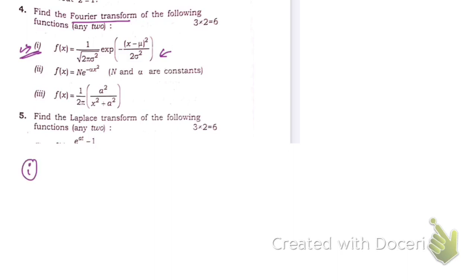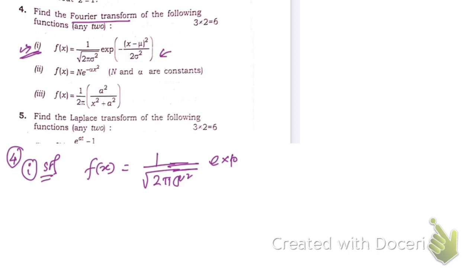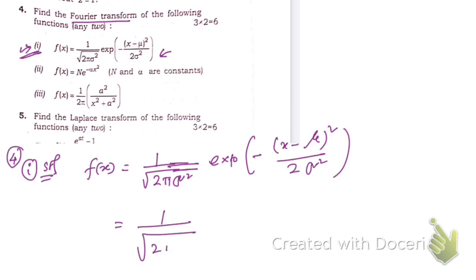The given function f of x is 1 by root over 2 pi sigma square times exponential of minus (x minus mu) whole square divided by 2 sigma square, which can also be written this way. So we need to find the Fourier transformation of this.